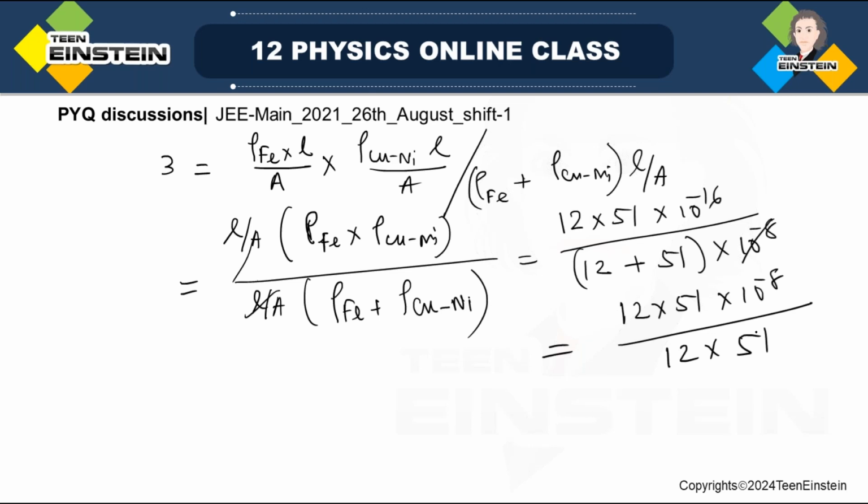I hope I'm going well with this. I'm sorry, this is actually positive. This is positive. So you get 3 and 6, 63.